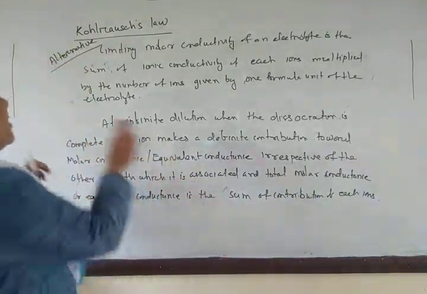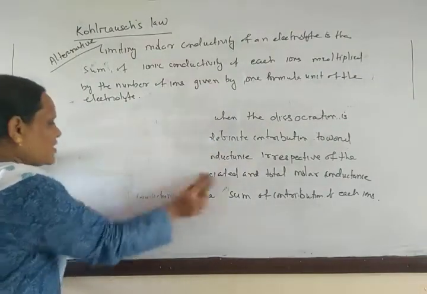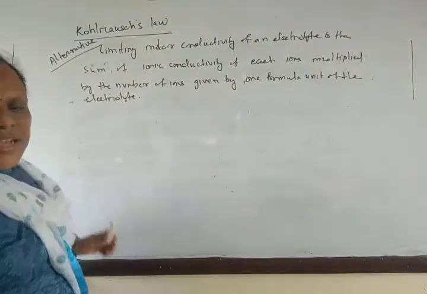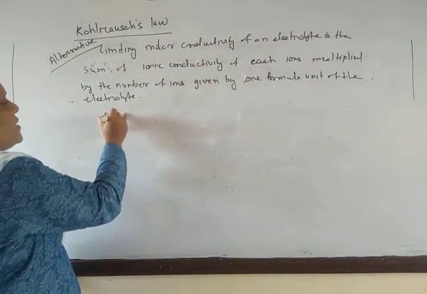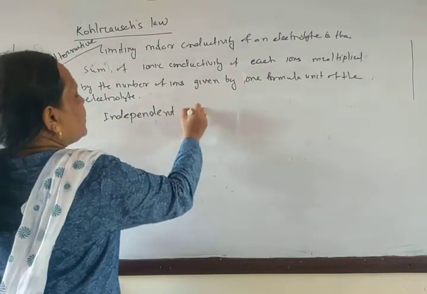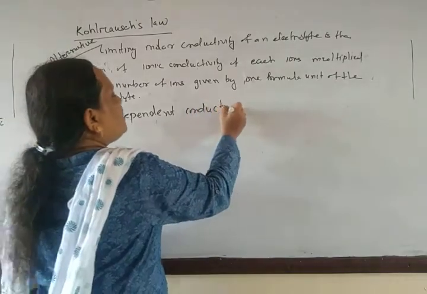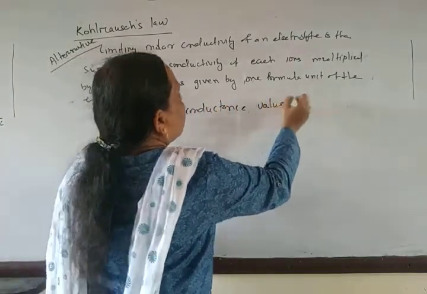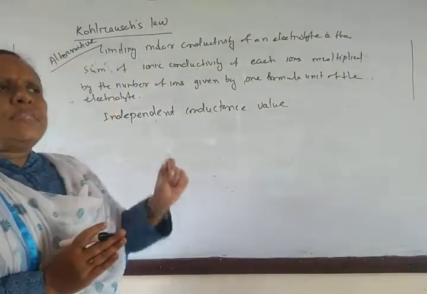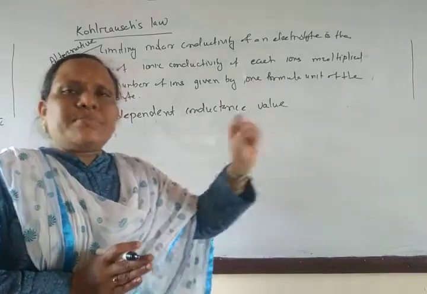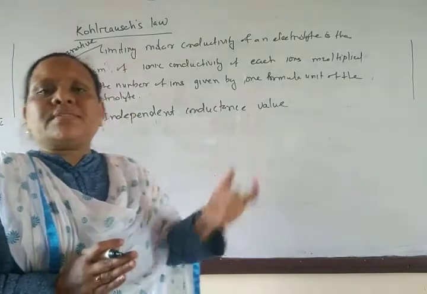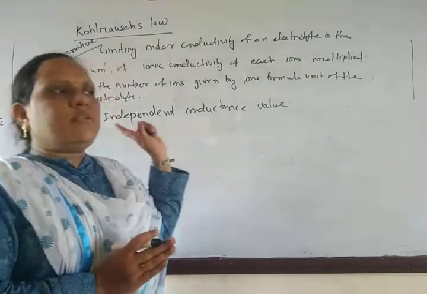So every ion has an independent conductance value whether it is linked with any other ion. That means whether K plus is linked with Cl minus, nitrate ion NO3 minus, or OH minus ion, the K plus has the same conductance value in every case.